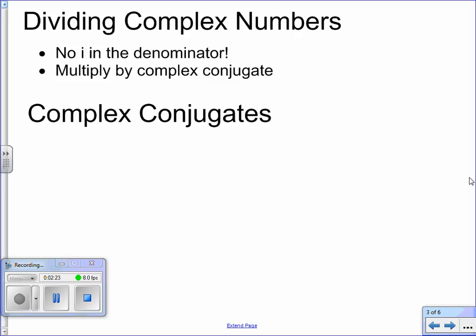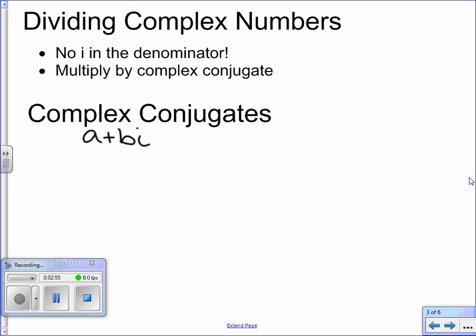Conjugate sounds like a really complex word, but a complex conjugate is actually a really simple idea. So suppose we have a complex number in its standard form, a + bi. To create its complex conjugate, we just take the operation in between the real and the imaginary parts, so the sign in between the a and the bi, and we change it.